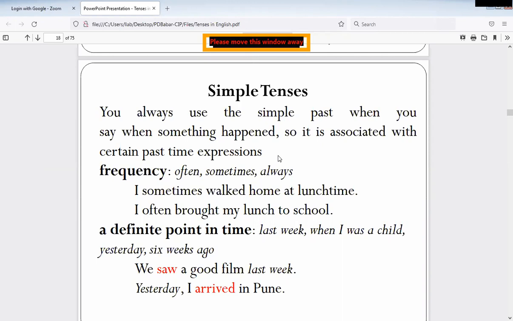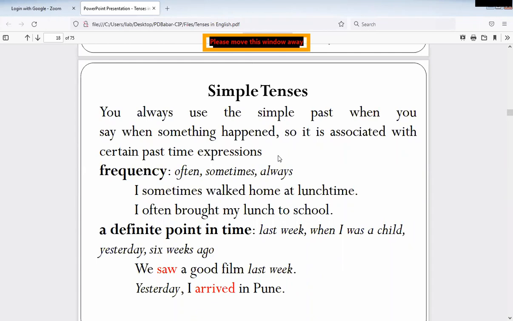A definite point in time: so last week, when I was a child, yesterday, 6 weeks ago. These are the definite indicators of time. At that definite time, that action has happened. Okay, so last week, when I was a child, yesterday, 6 weeks ago.